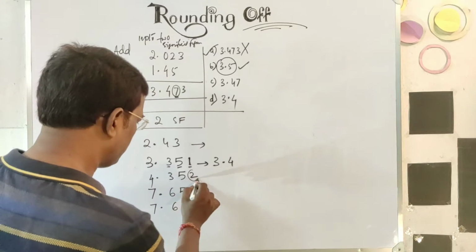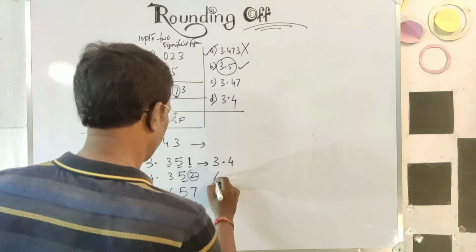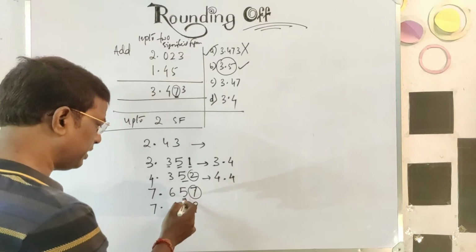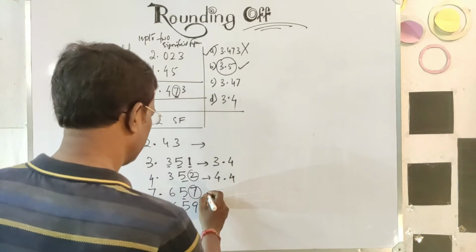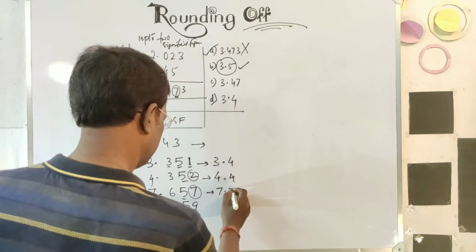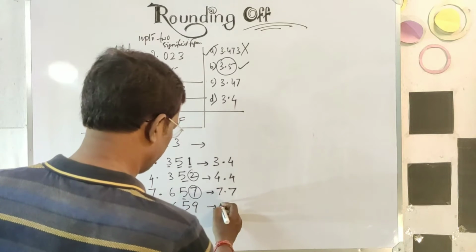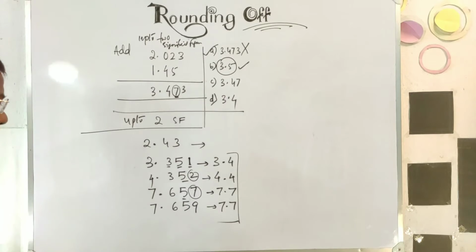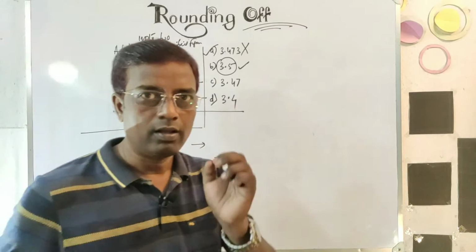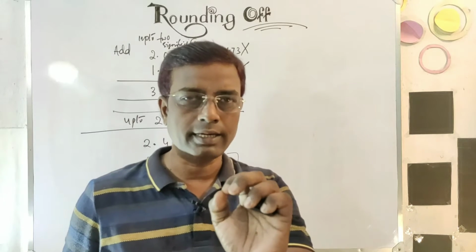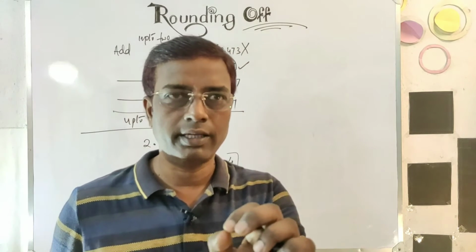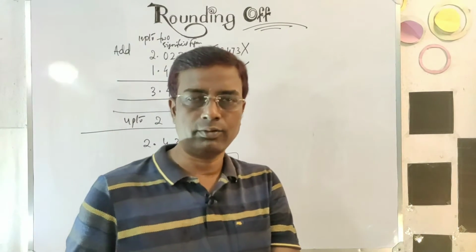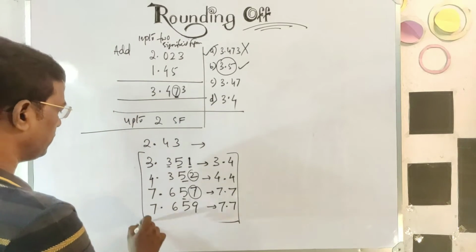Now here something is there after 5, so 1 will be added here, it will be 4.4, and here again the same, non-zero numbers after 5, so it will be 7.7, and this will again follow the same rule, 7.7. So the crux of the story is that after 5, if there is any non-zero number, the number before 5 gets 1 added to it to get the answer. So this is one set of examples.